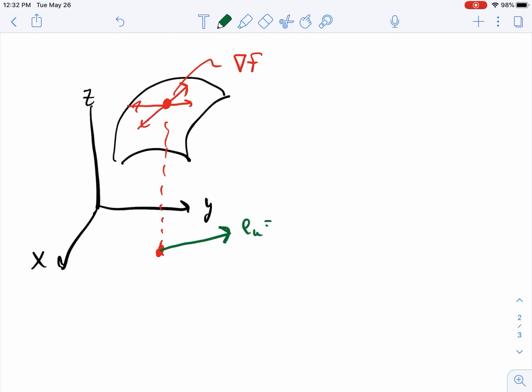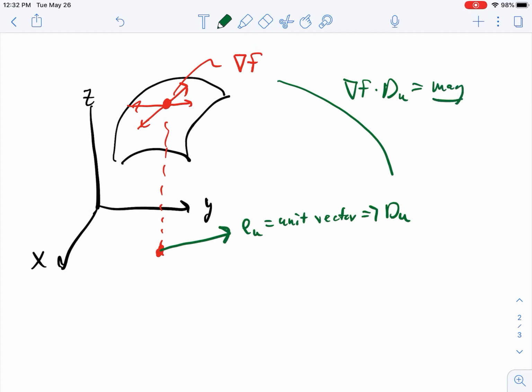Okay, so basically I'm going to choose a unit vector, but we're going to refer to this as a directional unit vector because we are in three-dimensional. And basically what we're going to do is then take these two pieces, del f times du, and we will get a magnitude of that length of that vector in that direction from that. So that's all we're doing.